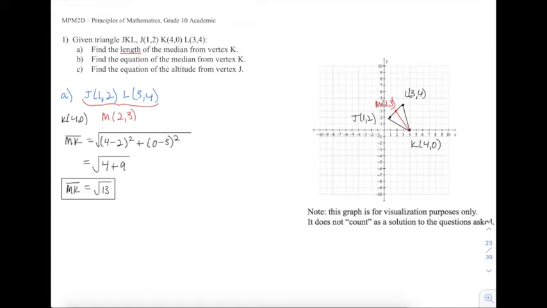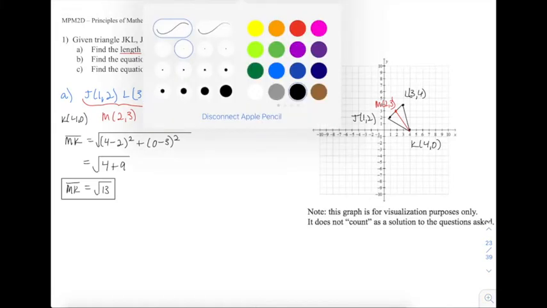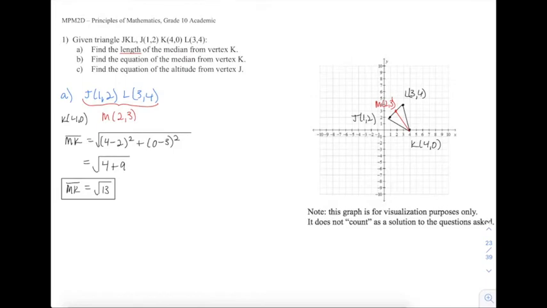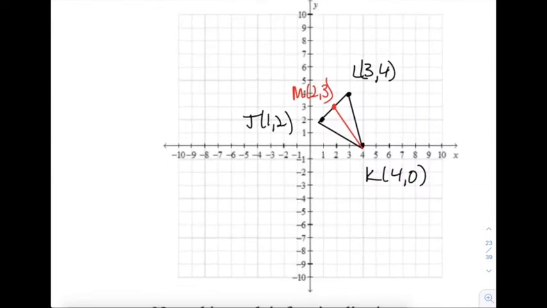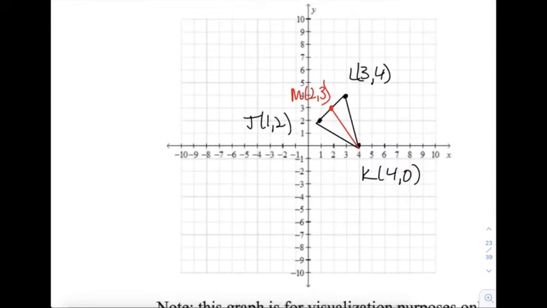My next question is to find the equation of the median. So let's use a different color. Actually, I have an idea. So the equation of the median, I think it's going to look like this.